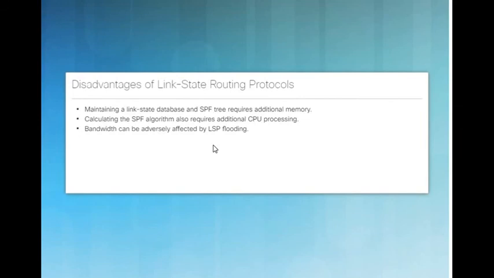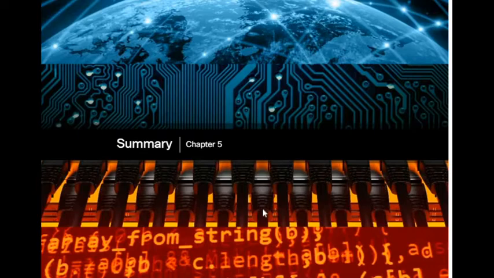But when you already have a stable network, it might not be a problem. In an unstable network, however, it might become an issue, as bandwidth is adversely affected by the exchange of link state protocol updates. So I guess that ends our fourth module.